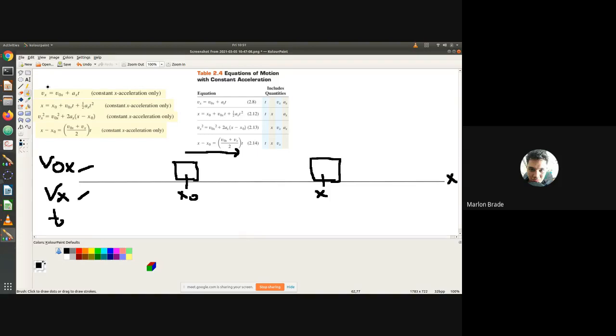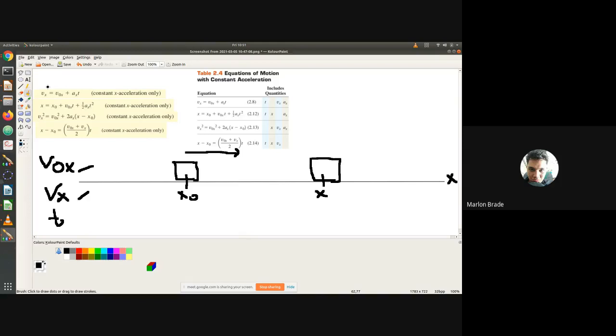So if we are given a problem that requires position, say find the final position, you cannot use the first equation because it has no x variable. The second equation has the variable x, x naught, v naught x, t, and axt squared. The only thing missing is the final velocity.